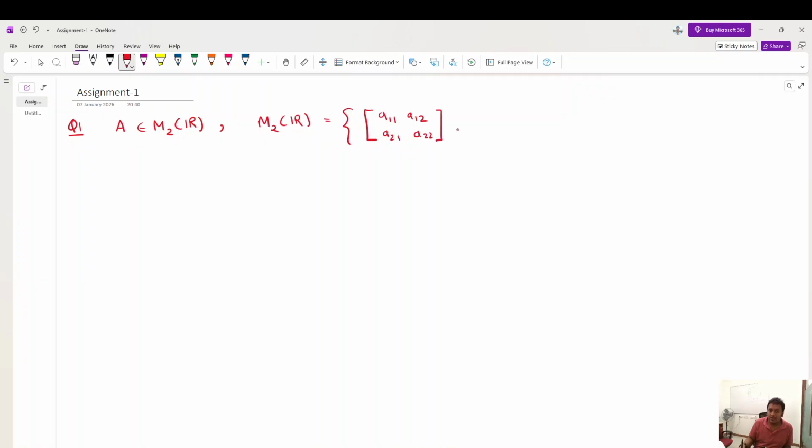Is that all? No. These entries should belong to real numbers. That's why R; M for matrix, 2 for the order, 2 cross 2. So for every i, j running from 1 to 2. I hope this is clear.